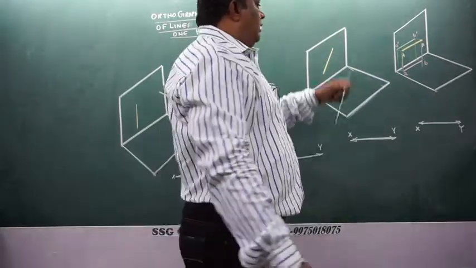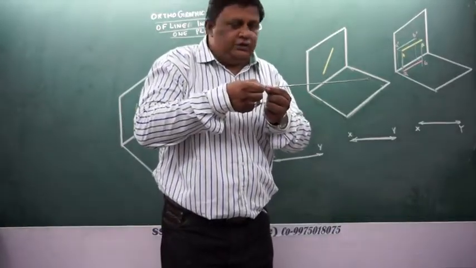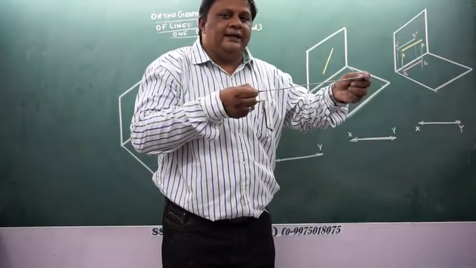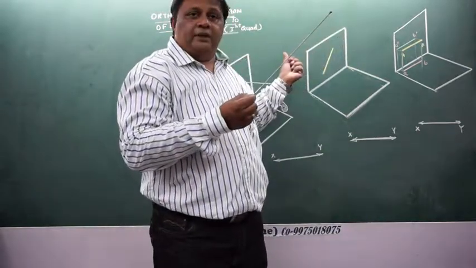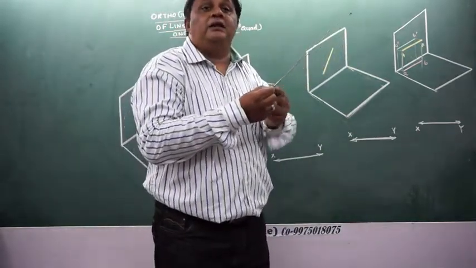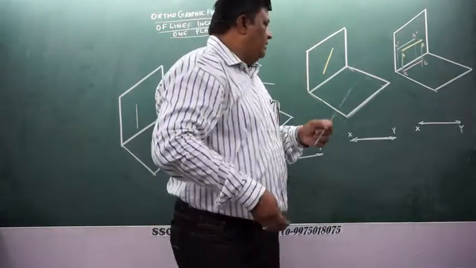Okay? Coming down to this one, now what happens? Keeping one end constant, I simply incline this line like this. It is still parallel to VP, but now making some angle with HP. And this angle is called angle theta.